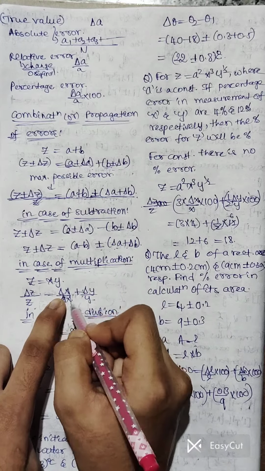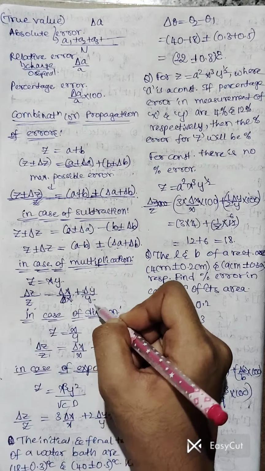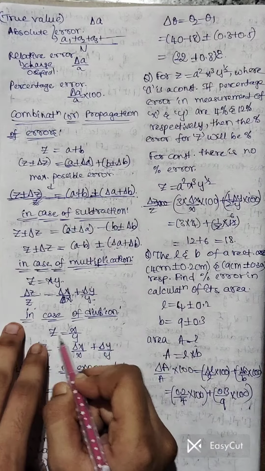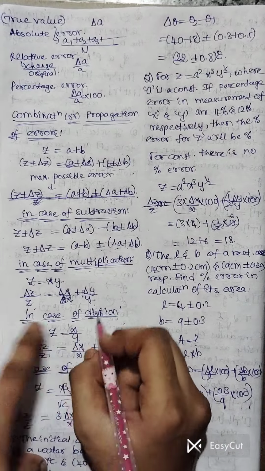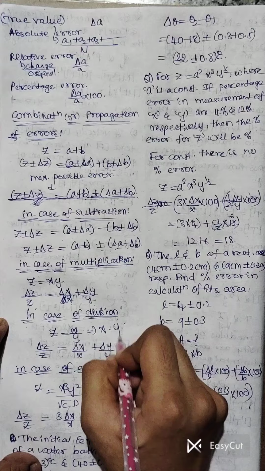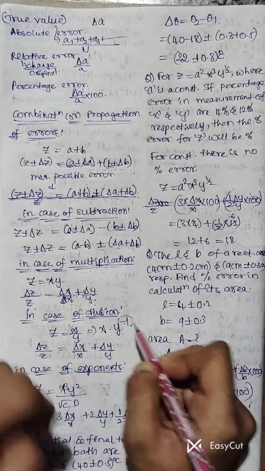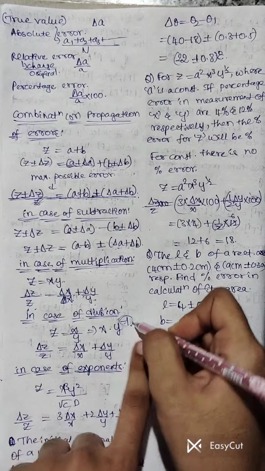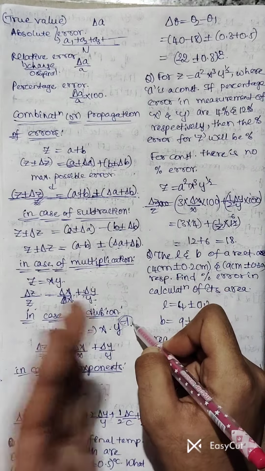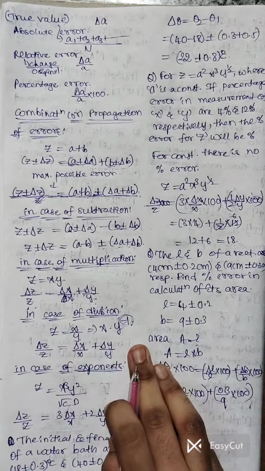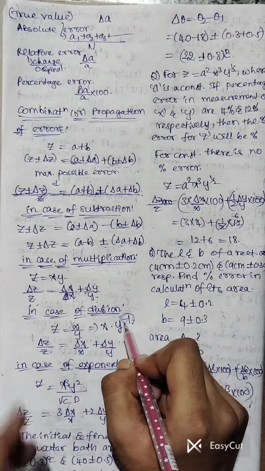So delta X by X plus delta Y by Y. Now, in case of division, if you have Z is equal to X by Y, you can write this as X into Y power minus 1. You remember that if there is a negative exponent, the exponent comes into the multiplication as a product, and you don't take the negative sign.